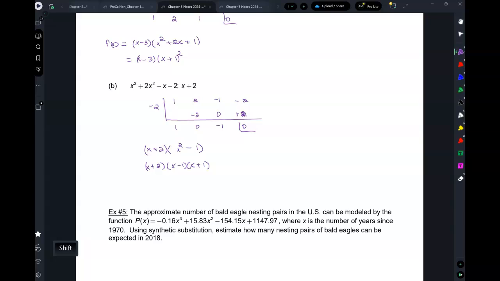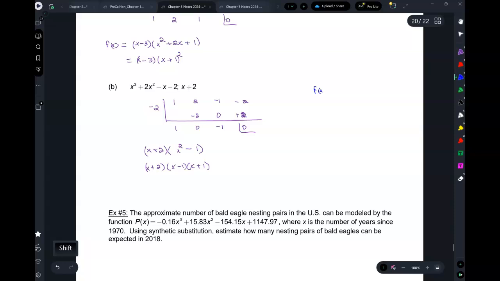Okay, let's pause here for a minute. Take a look at this function. If it doesn't specifically ask you to solve this using synthetic division, we could also have factored this by grouping. Here you can factor out an x squared and you get x plus 2.